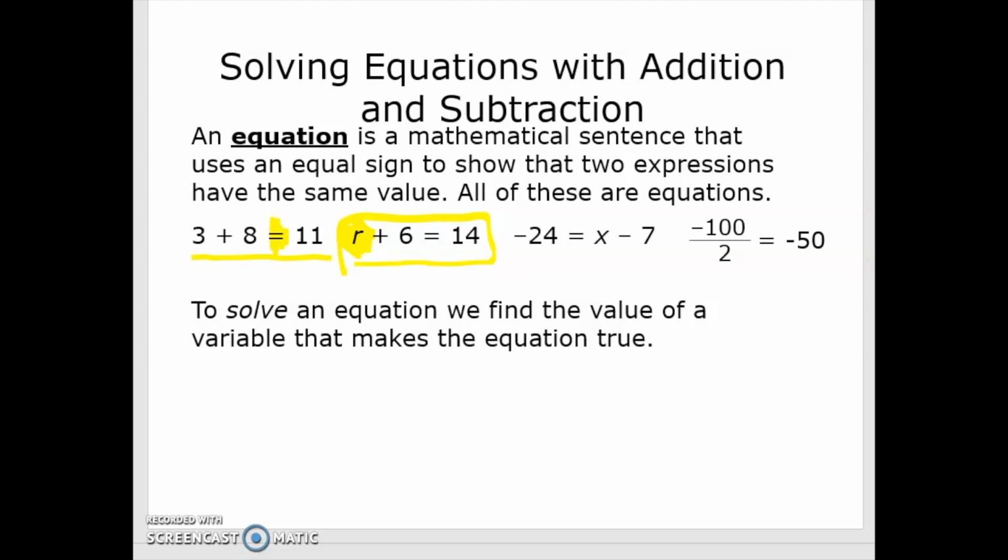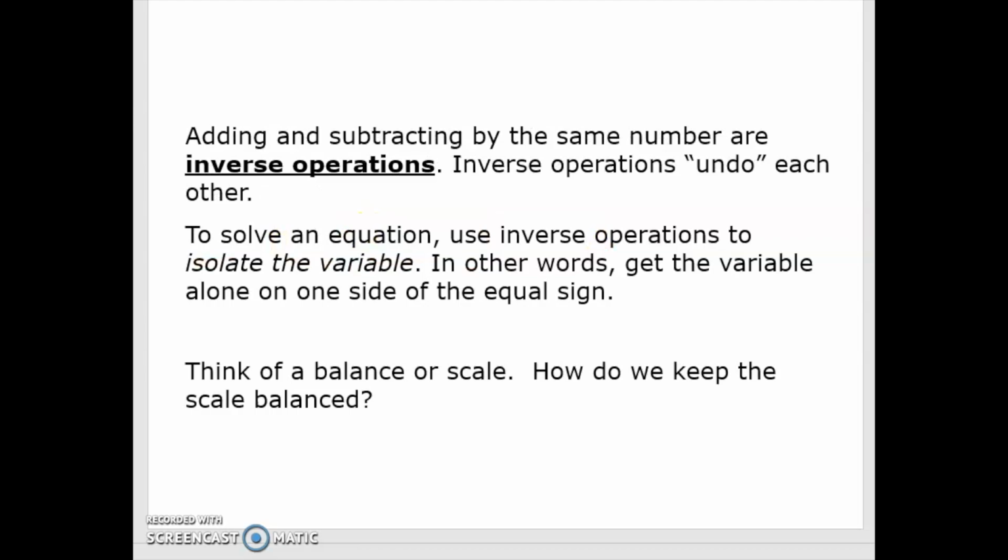So again, we're going to learn how to solve all of these equations that have variables in them. And we're going to do a process called inverse operations. Okay, that sounds really complicated. It just means we're going to look at the problem and do the opposite of the steps that we see.